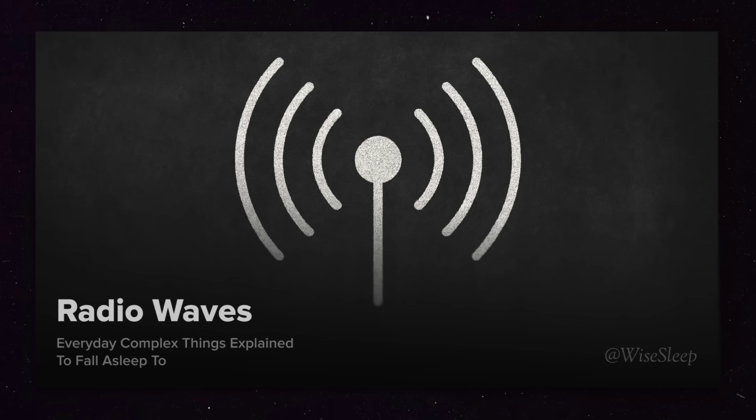Different kinds of devices use different ranges of frequencies. FM radio, for example, uses frequencies between 88 and 108 MHz. Wi-Fi routers usually operate at 2.4 or 5 GHz. These frequencies don't overlap, so devices don't interfere with each other.